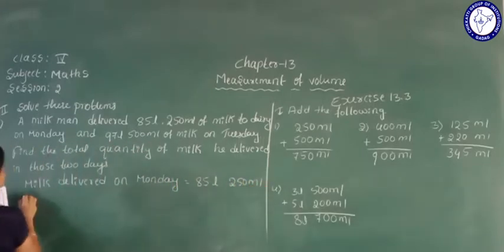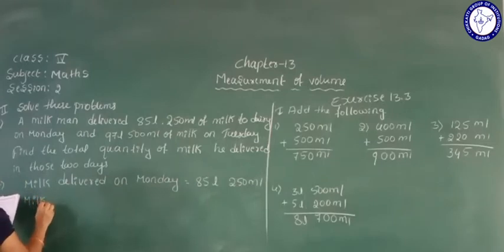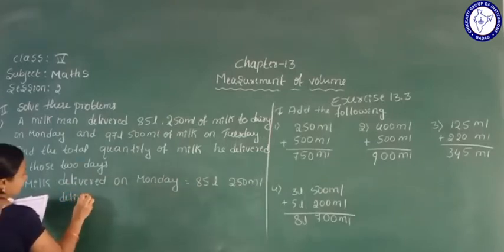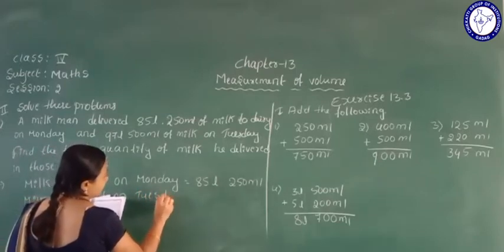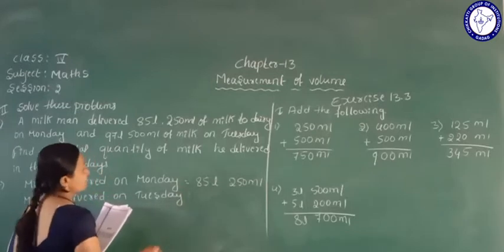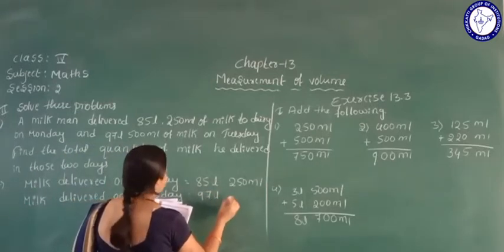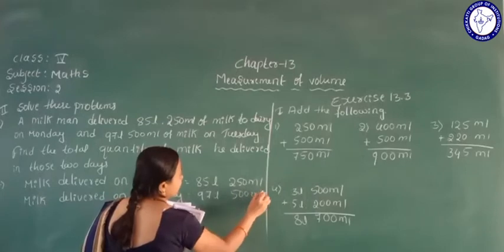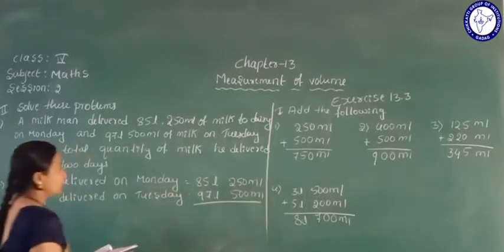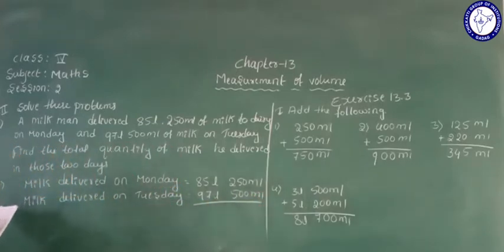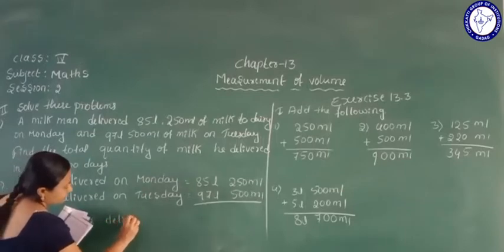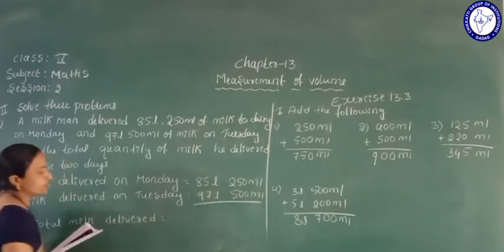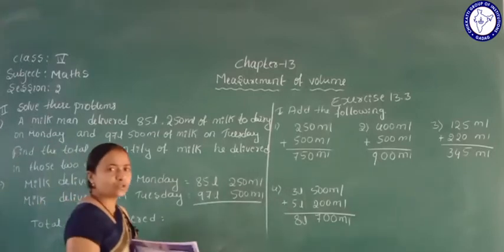Milk delivered on Tuesday is equal to 97 liter 400 ml. So now we find the total milk delivered in those 2 days.